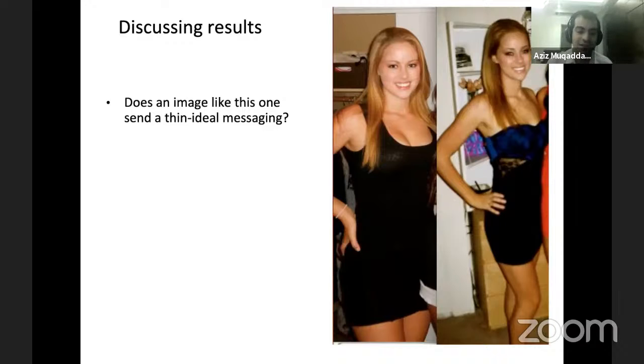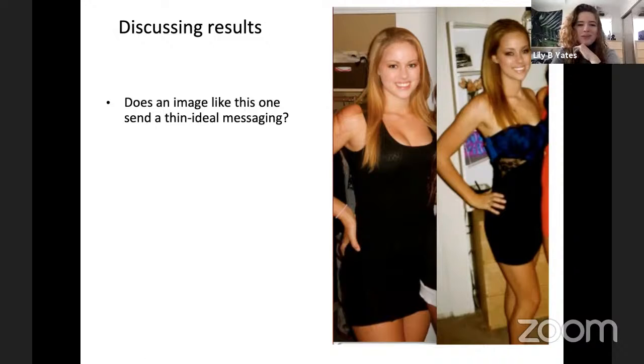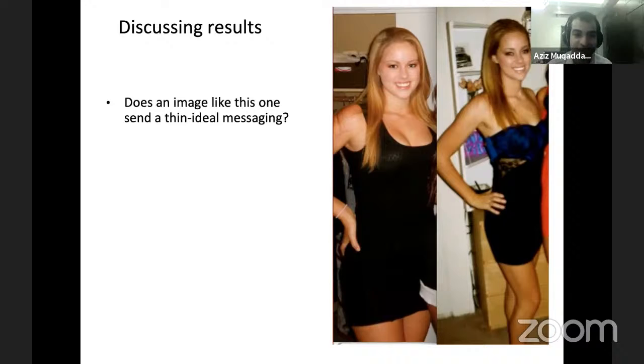Yes, it's showing the before and after thing. And the 45-degree angle pose. Yes. And another thing in the same variable, right? So it has a before and after. You see that trick, yeah.